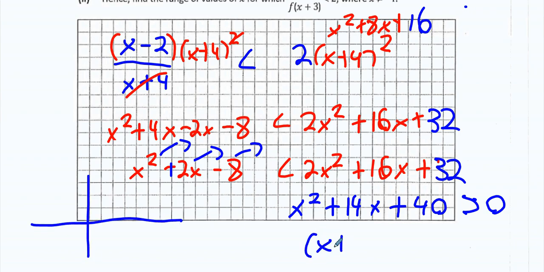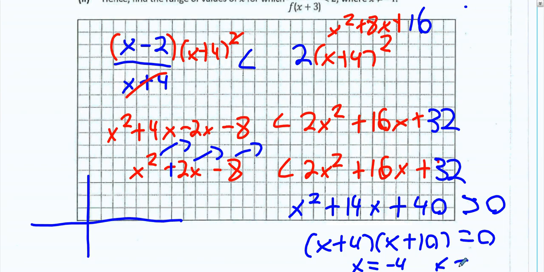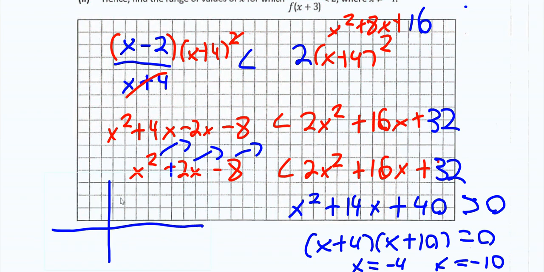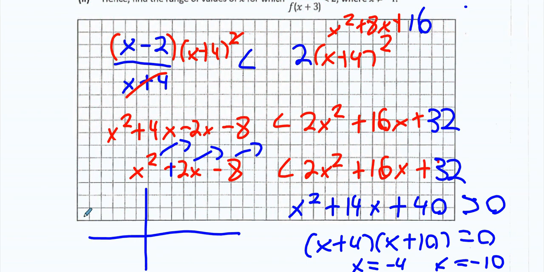Now, what type of function is this? It's a U-shape with roots minus 4 and minus 10, yeah? So here we go. That's minus 10, and that's minus 4.